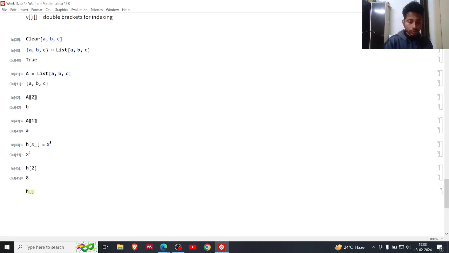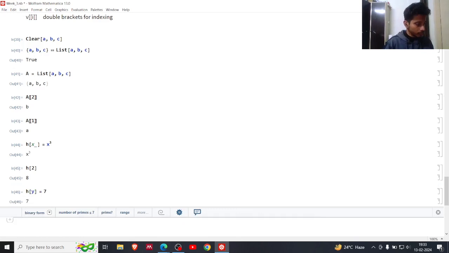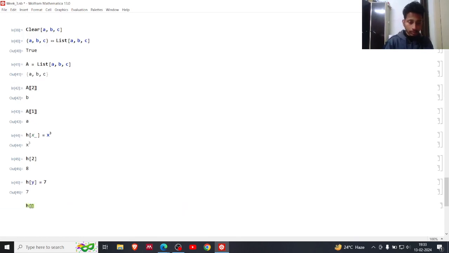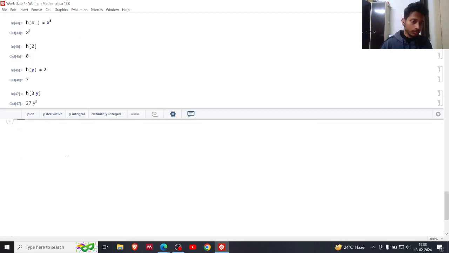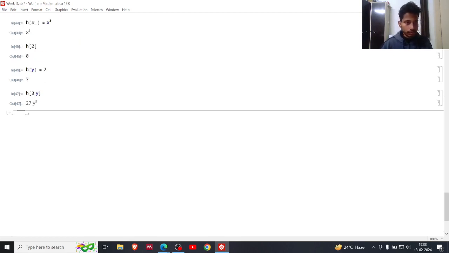Now h of y equal to 7, and h of 3y equal to 27 y cube. So this doesn't mean anything. Okay, so this is the way you define a function.